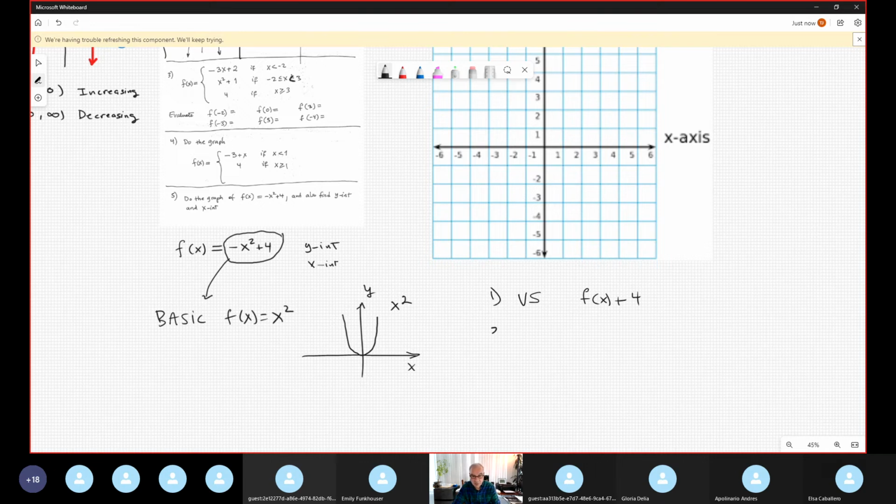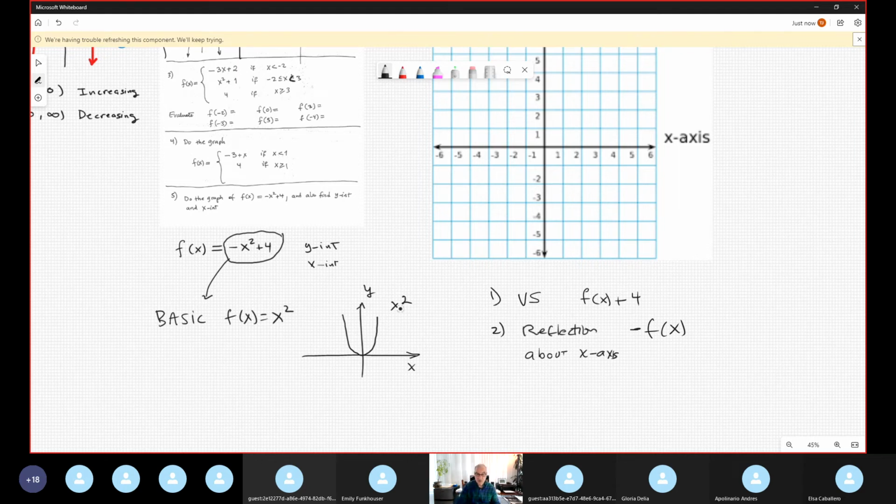However, we have reflection. We have reflection because when you replace f of x and you put a negative in the front, this negative indicates reflection. But reflection about the x-axis.